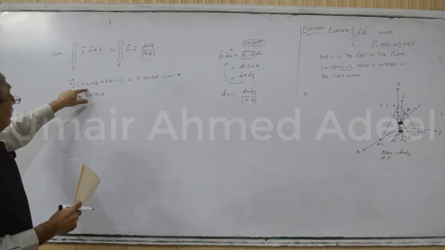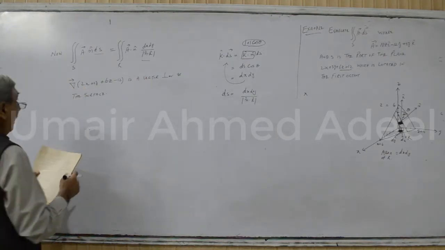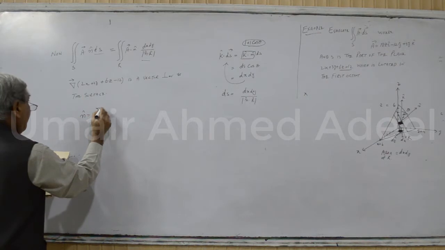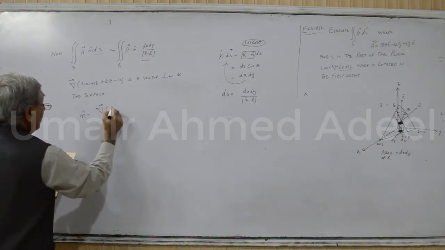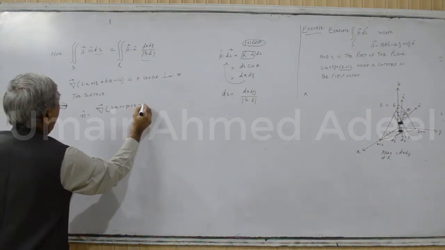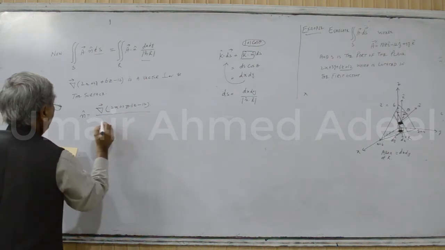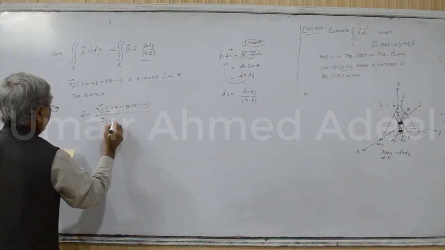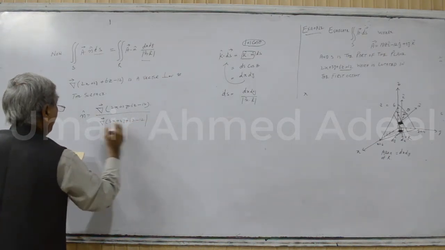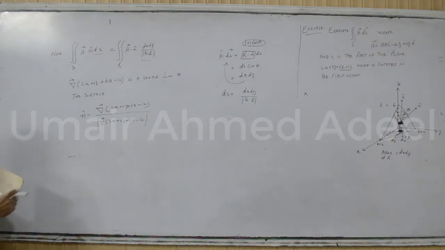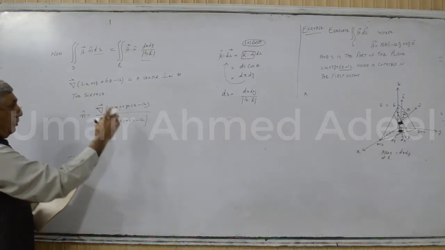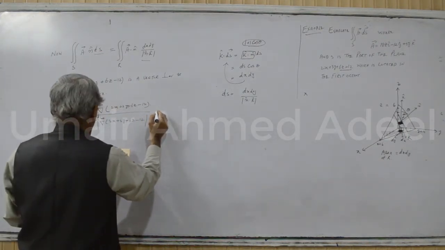So this is normal, and the unit normal in this direction will be del of 2x plus 3y plus 6z minus 12 divided by its magnitude, that is, del of 2x plus 3y plus 6z minus 12 and only the magnitude. Now if you calculate this del phi, you can easily calculate it. I have shown you that in the second lecture.